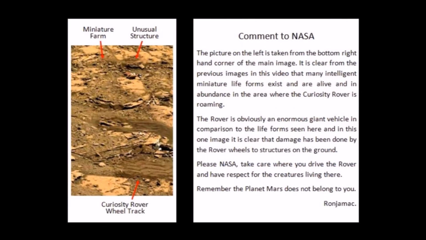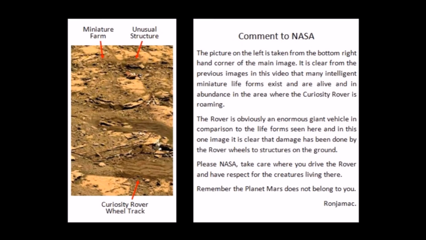So this is the last thing I want to show you. This is taken from the image at the bottom right hand corner, and you can clearly see at the bottom there the tracks made by the rover, Curiosity rover, and it's done some damage to some structures there.